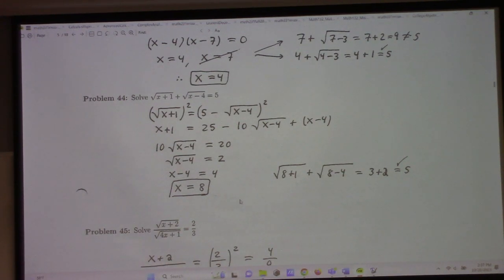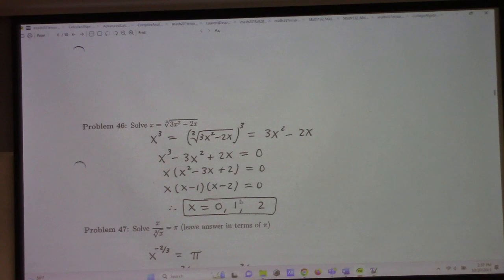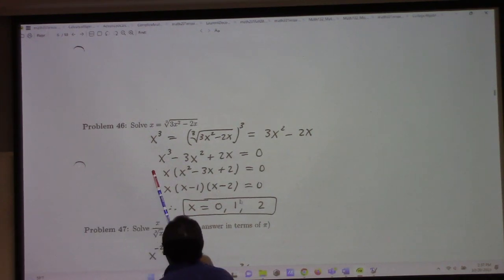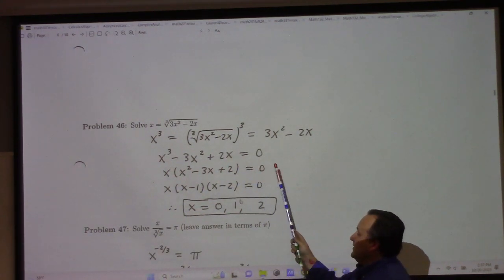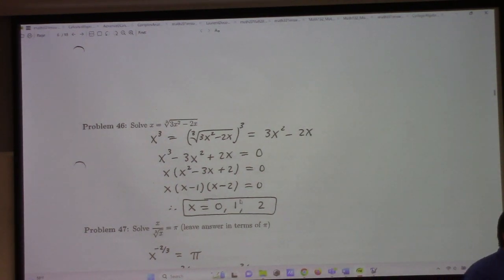So as a general rule, if you have square roots, what you're going to end up doing is squaring to get rid of the square root, right? However, we also had cube roots. How do we get rid of cube roots? We cube it on both sides. That's right, cube it on both sides. And when I do that, I get this cubic equation. If you have a cubic equation to solve on the test, there should be something nice about its factoring.